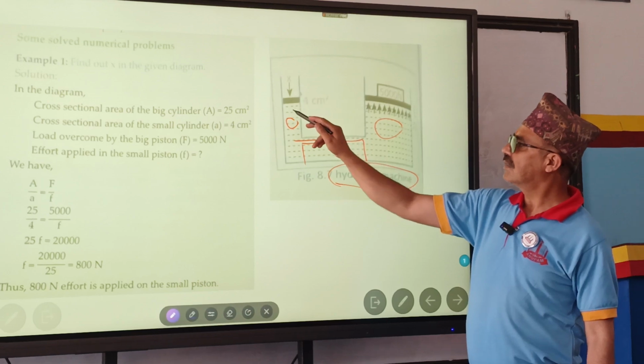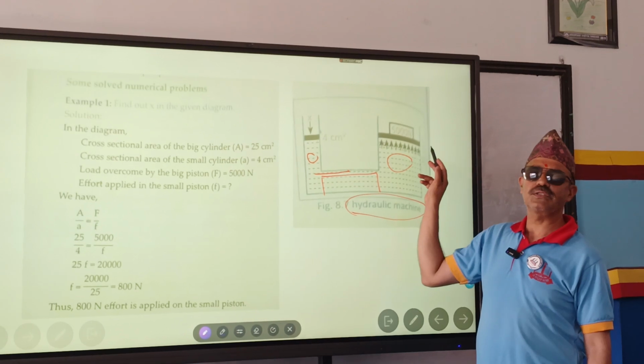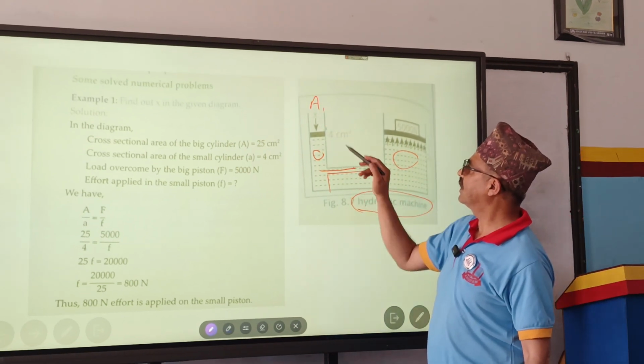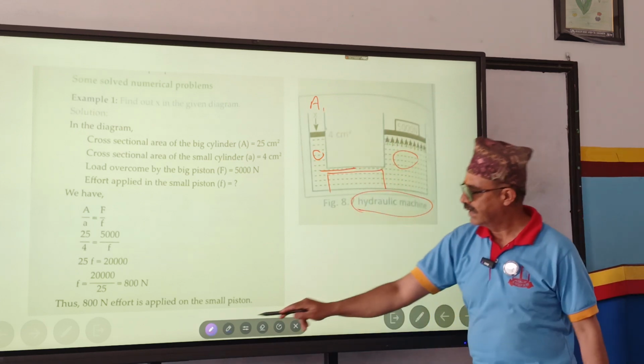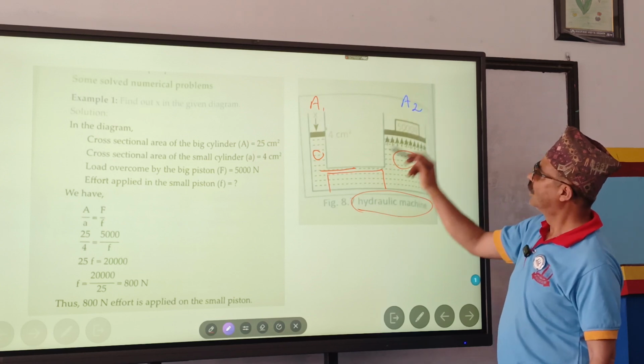This is the cylinder with small cross-section area, and this is the cylinder with big cross-section area. The area of the small cylinder is written as A1 and the area of the big cylinder is written as A2.